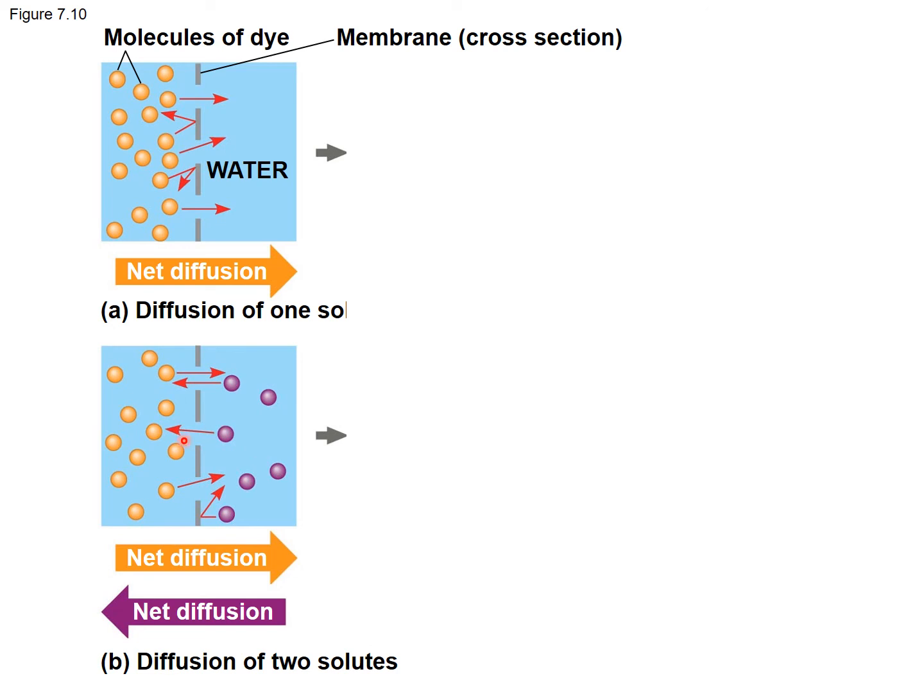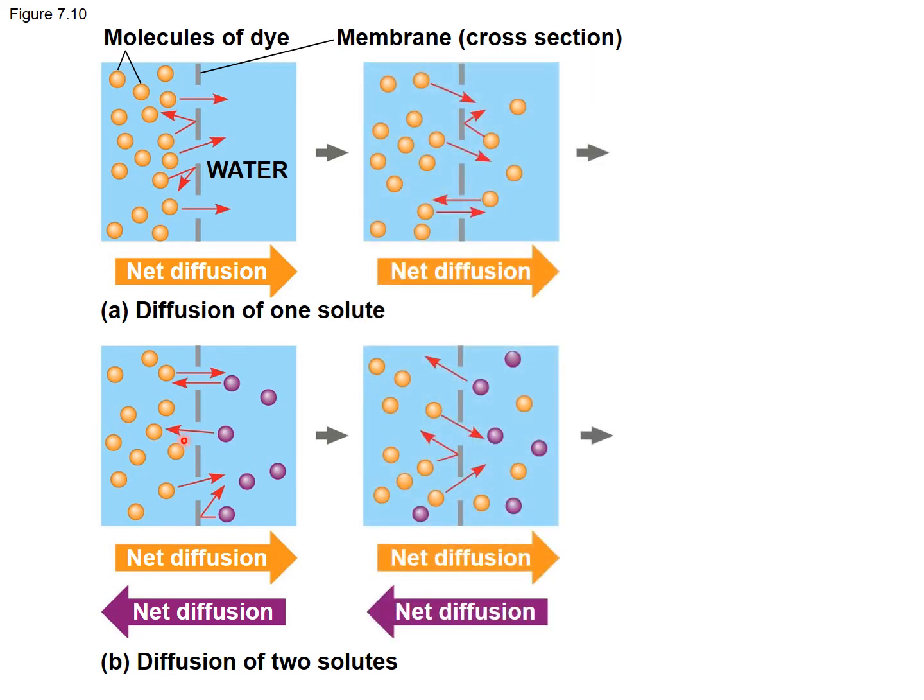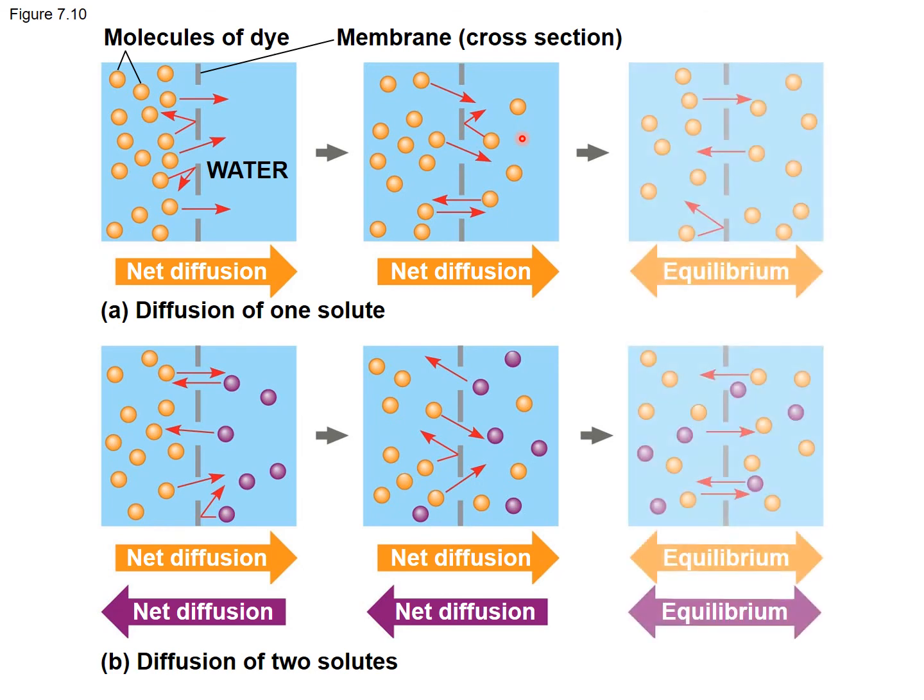If we look at what's happening over time, they are moving back and forth. It's not just one direction. They're going to move back and forth, but the net movement is towards the lower concentration of that particular solute. So let's say they've reached equilibrium now, or dynamic equilibrium.